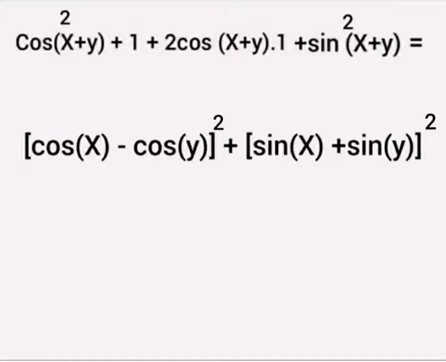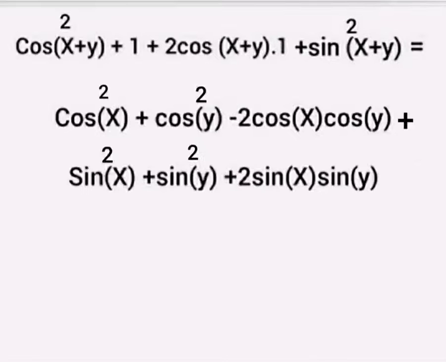On simplifying, we get this result, which on further simplifying we get this result. Since we know that sin square theta plus cos square theta is equal to 1, therefore cos square (x + y) plus sin square (x + y) is equal to 1.